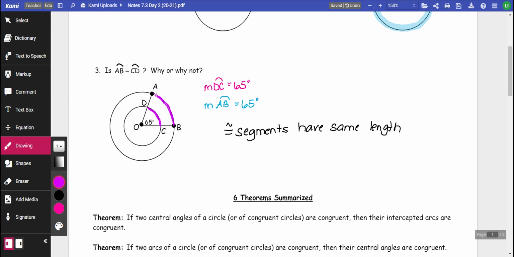Now, arcs can only be congruent if they are in the same or congruent circles.